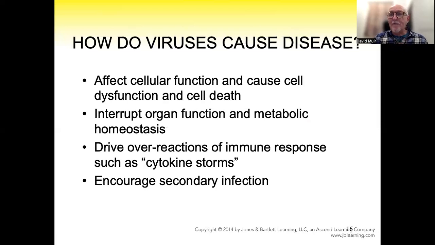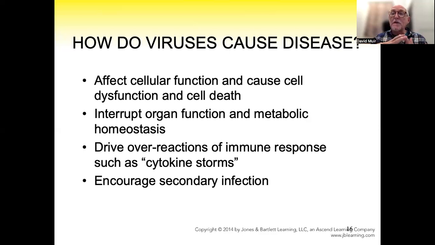So the way in which the viruses cause disease, apart from the oncogenic viruses, once they infect a host cell, they're going to radically affect the cell function, because what they're doing is they're taking over all of the metabolism and machinery of the cell, all its transcription, translation, many metabolic functions, and they ultimately cause the cell to start to dysfunction.